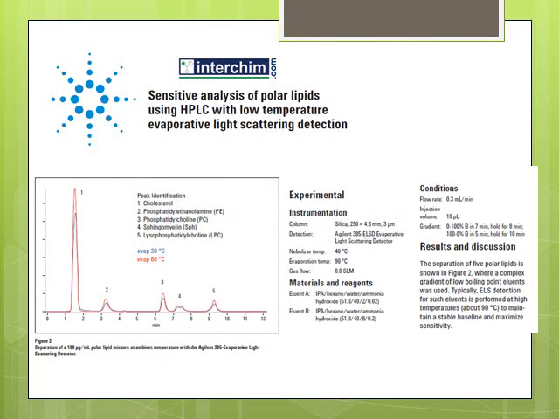There is another method by Agilent. This one is normal phase, and it uses a silica column. The mobile phase is IPA, hexane, and water with ammonium hydroxide, and they are using the Agilent ELSD detector. I have tried this method with mixed results.